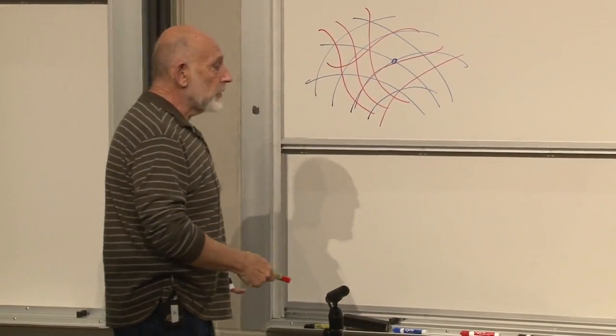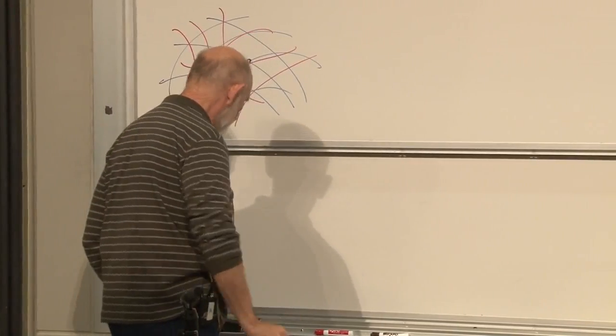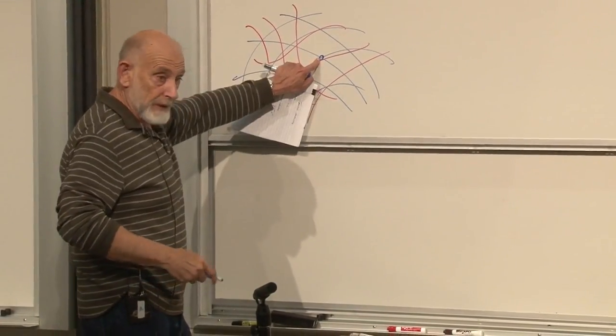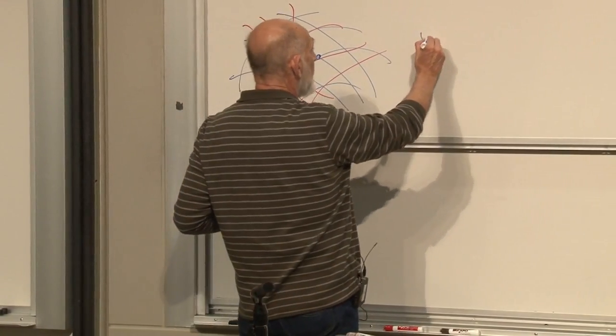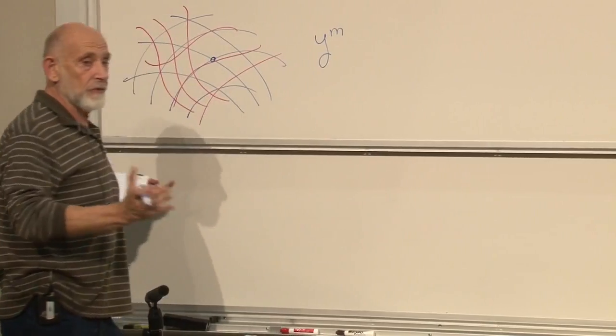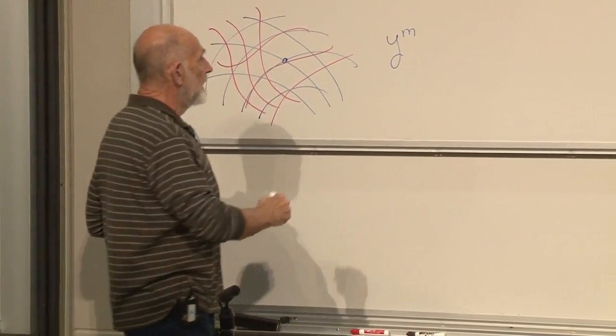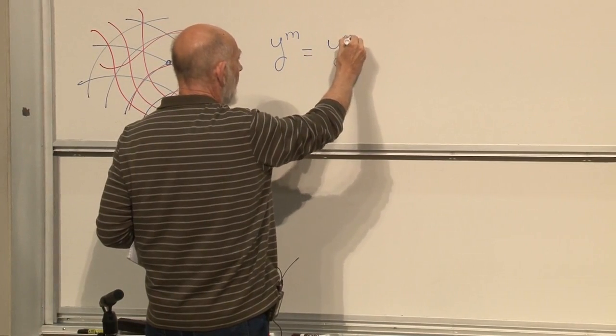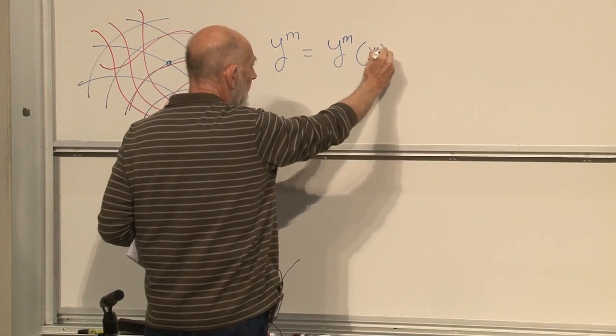But we assume there's a correspondence, that if you know the value of the x's for a particular point, then the y's, so let's write that, y^m, where m runs from 1 to however many, is a known function, assumed to be a known function of the x's.